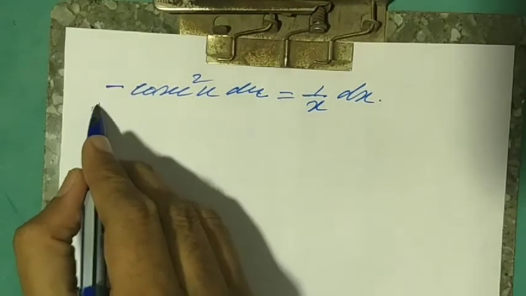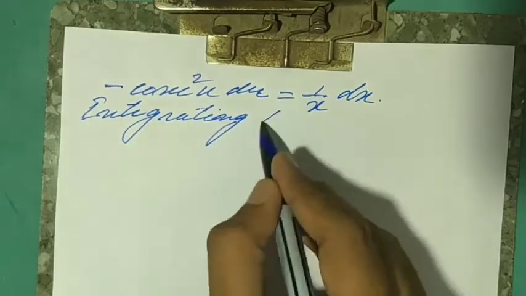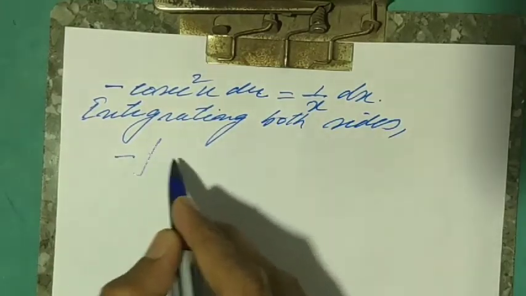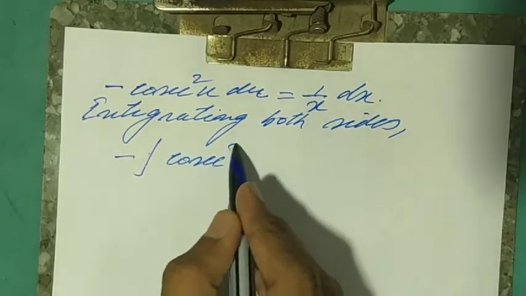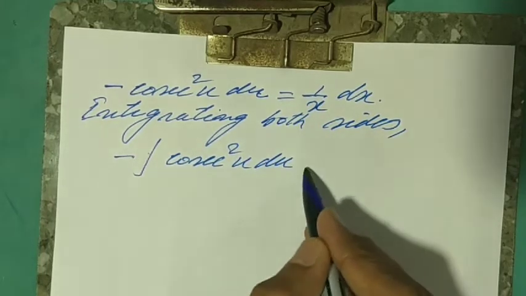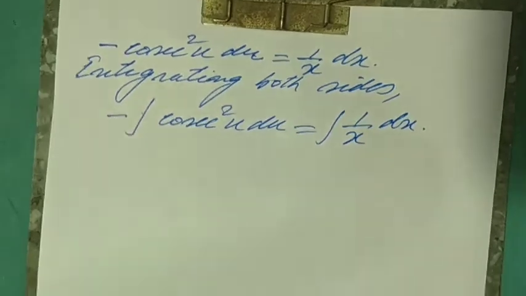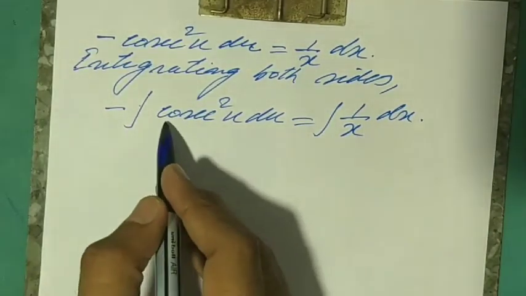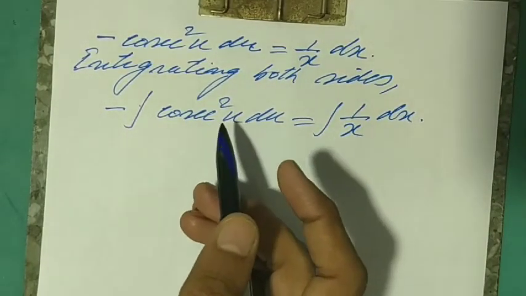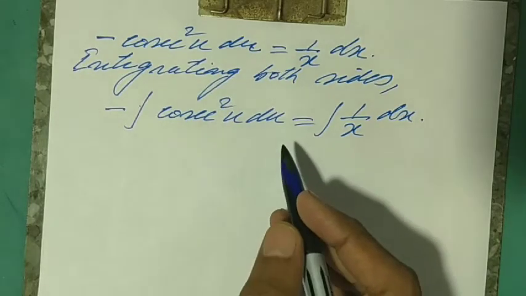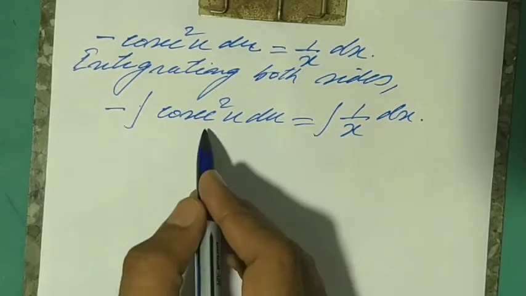So integrating both sides, minus integral cosec square u du is equal to integral 1 over x dx. As we know, the integral of cosec square u is minus cot u.